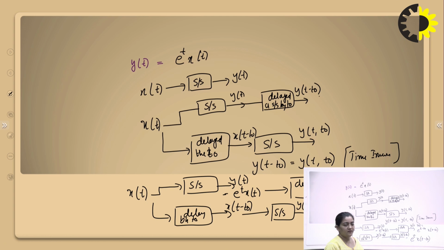So they are not equal, and we can say that it is a time variant system. Okay, so this is a kind of system we have. So this is the time variant and invariant system.